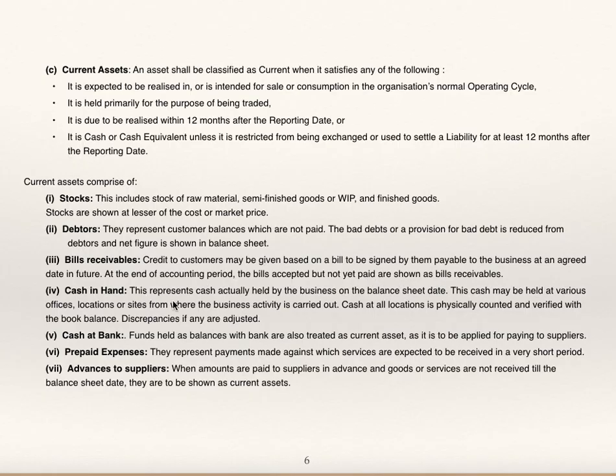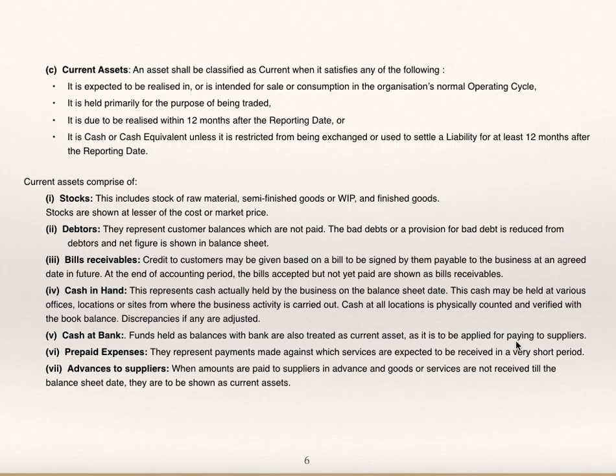Cash in hand represents cash actually held by the business on the balance sheet date. This cash may be held at various offices, locations or sites from where the business activity is carried out. Cash at all locations is physically counted and verified with the book balance, and discrepancies, if any, are adjusted. Cash at bank: funds held as balances with the bank are also treated as current assets.